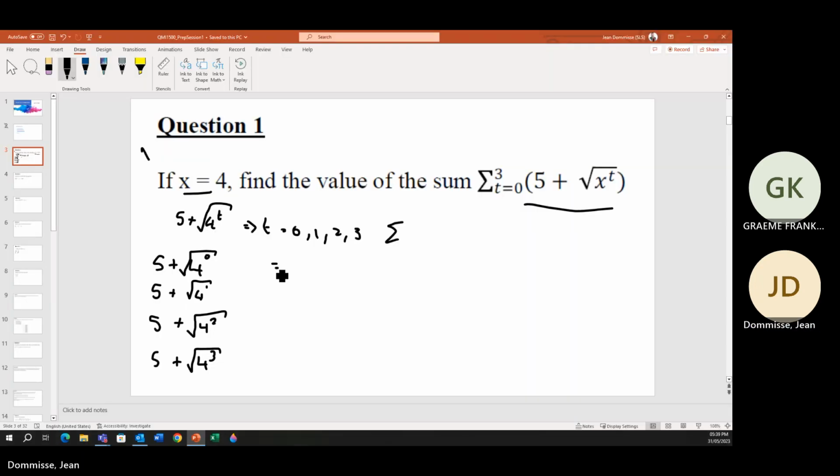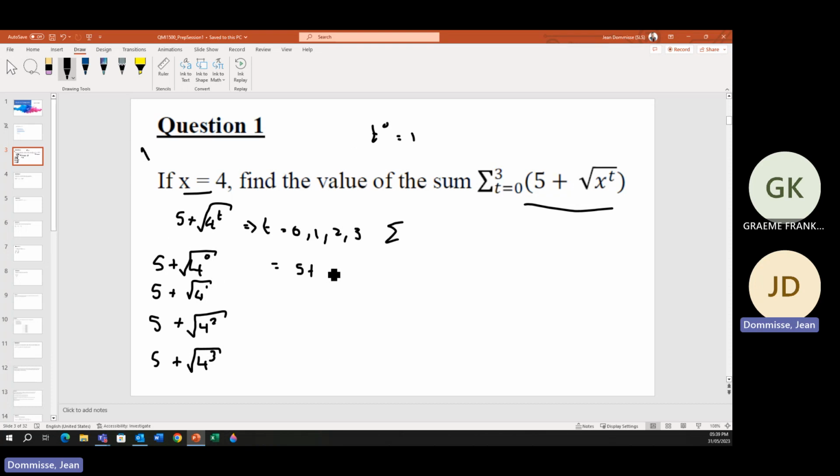Okay, so in the first one, we have 5 plus 4 to the power of 0, which is 1. Anything to the power of 0 will always be equal to 1.